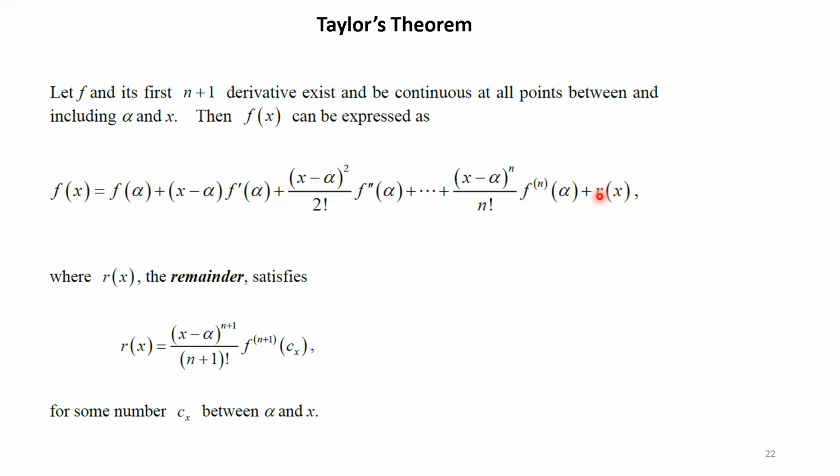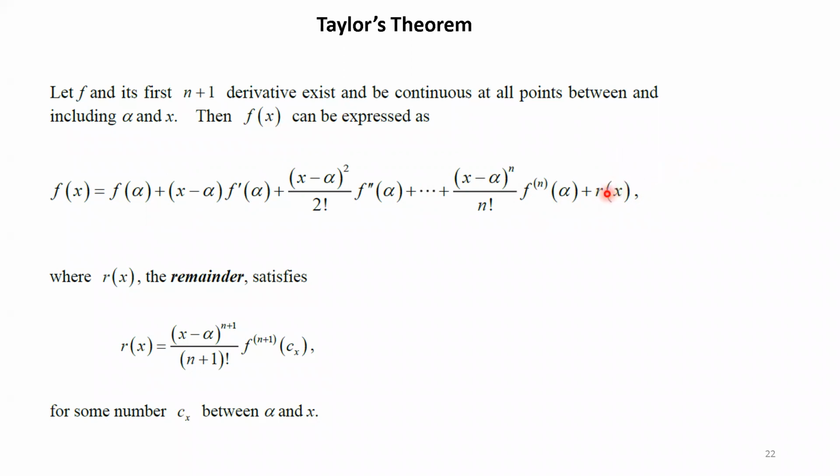First of all, this is not surprising, because we know from the Taylor series that it is an infinitely long series, and then you have the first n plus 1 terms plus infinitely many terms. So when we write it this way, that means the remaining infinitely many terms are contained in this function, which I call R of x. That's nothing surprising here. It's just that I call this remaining sum of the terms R of x.